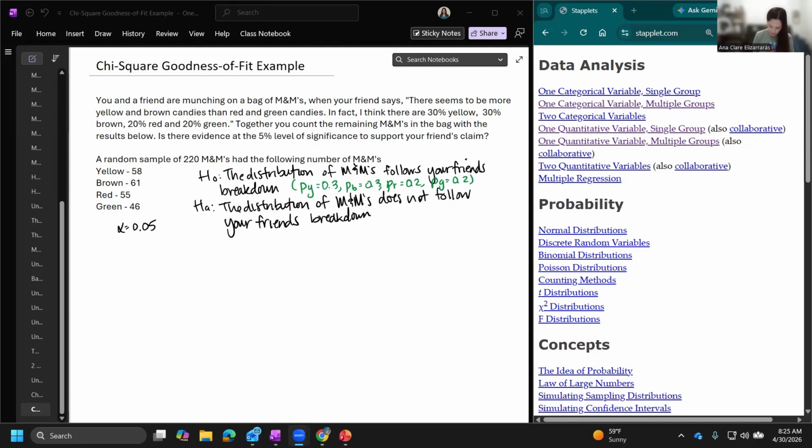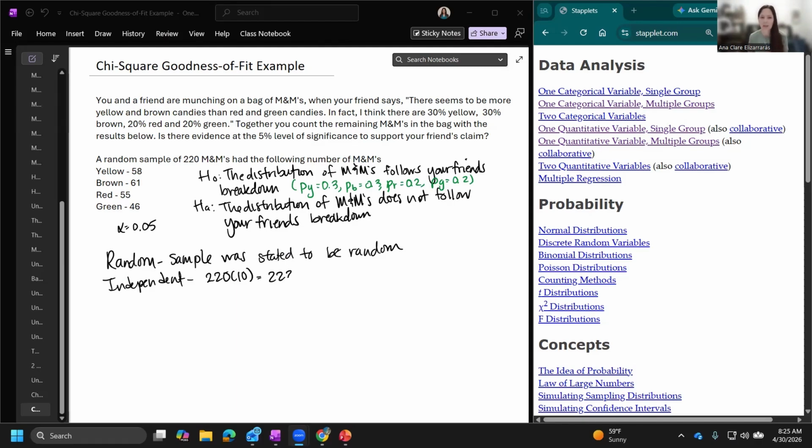So was it random? We're told, even though it says that it's the rest of the bag, which doesn't seem random to me, it does say a random sample. So we will say that the sample was stated to be random. And then independent, we want to make sure our sample size is small in comparison to our population. So 220 times 10 gives us 2,200.